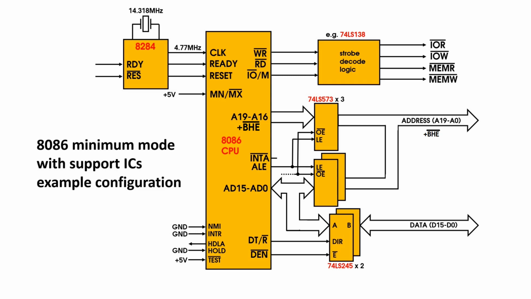The data bus is now 16 bits wide, and so we need two 74LS245s if we're going to buffer the data lines.